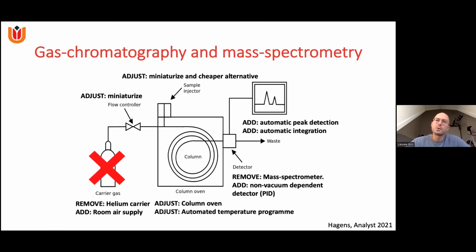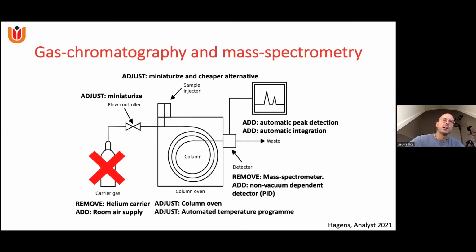adjust this setup together with people from Philips Research to come up with a model that was easier to use, did not require the helium carrier, was miniaturized, and did not rely on the vacuum of a mass spectrometer to come to a cheaper product.